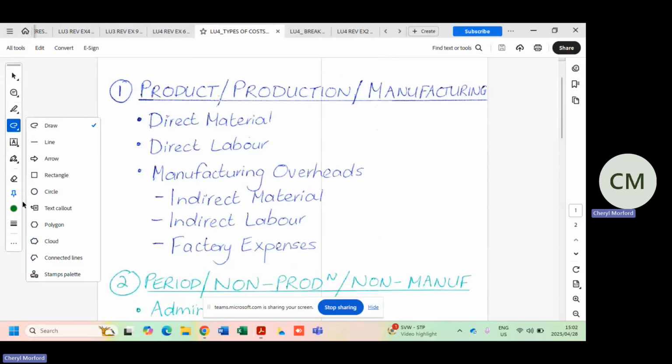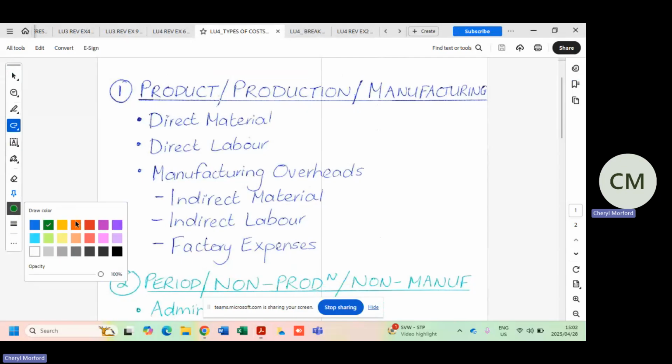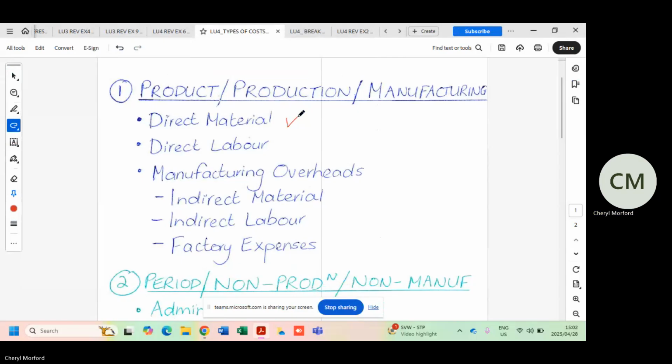So if we are talking a product cost, and I'm just going to refer to it as product cost, you can also remember they may say sort these costs into production costs, or sort them into manufacturing costs, or sort them into product costs. So what are we looking for there? First up is direct material. So always identify the product because it helps it make more sense.